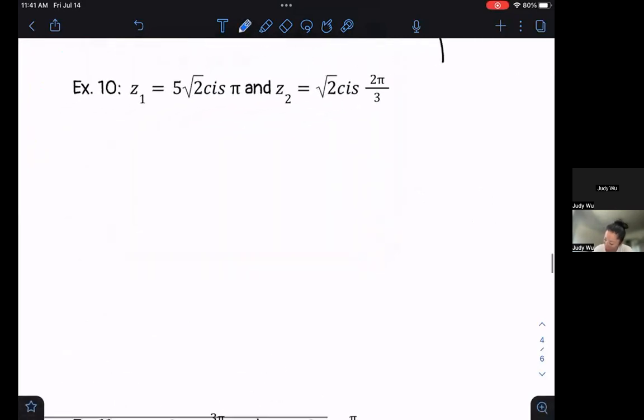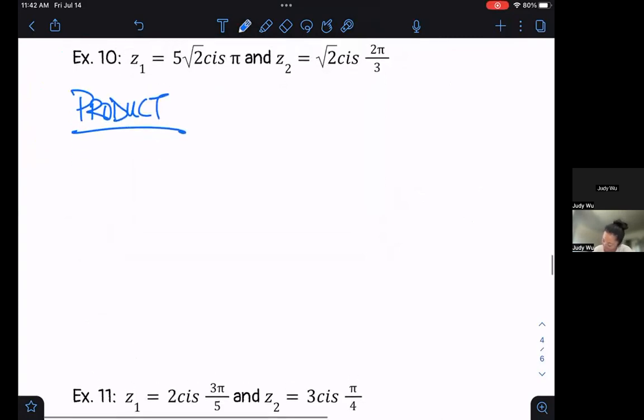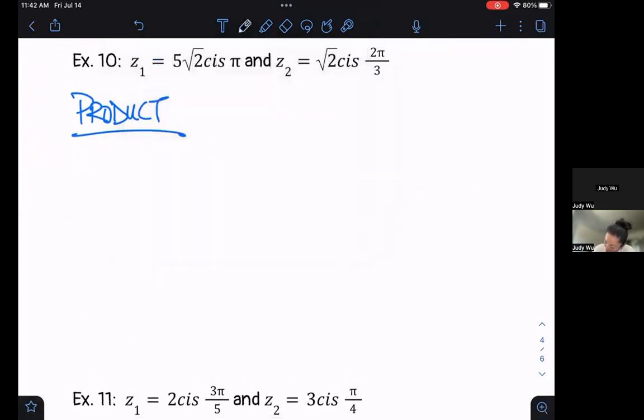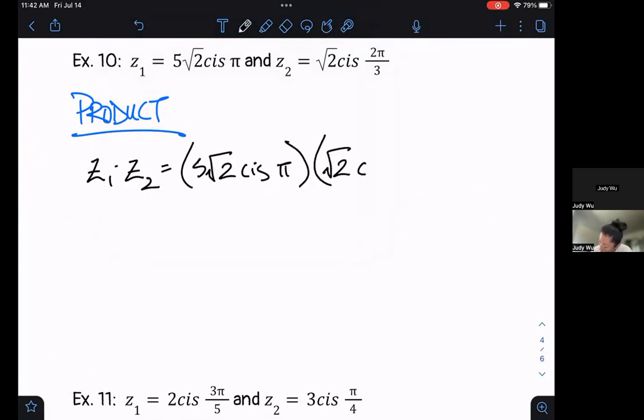So we're going to find the product and we're going to find the quotient. So for the product, I have Z1 times Z2, which is 5 root 2 cis pi times root 2 cis 2 pi over 3. I remember from the previous example that I took the R's and multiplied them.